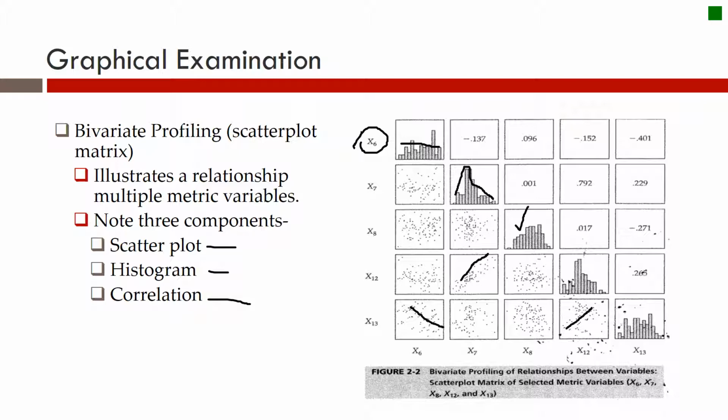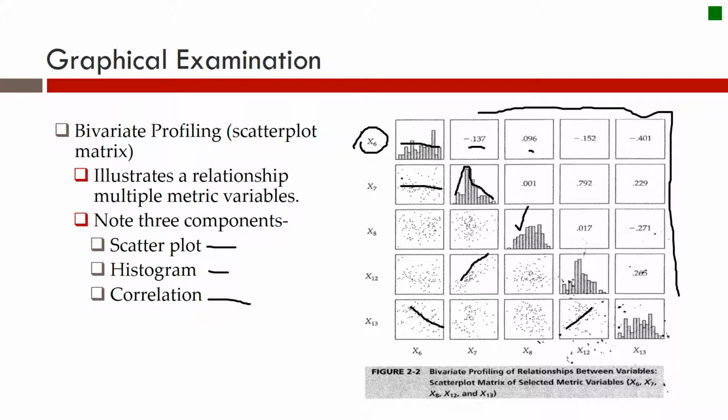So we have our scatter plots, and then on the top of the matrix, we have the correlations between the two variables. So this one, I guess it may be going down a little bit, and so it's negative 0.137. That's the R, the correlation.